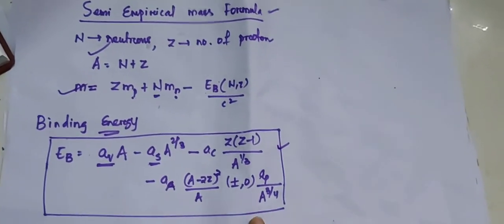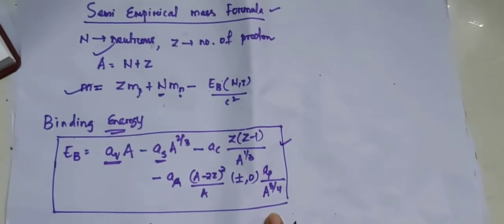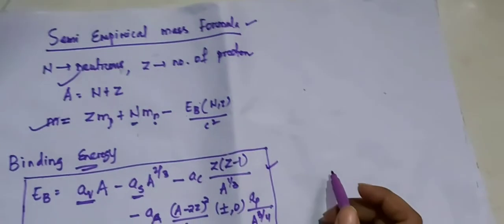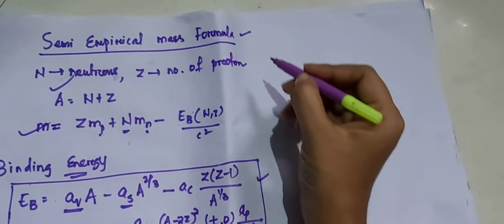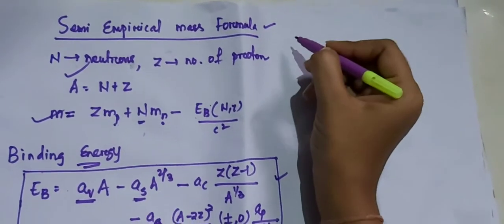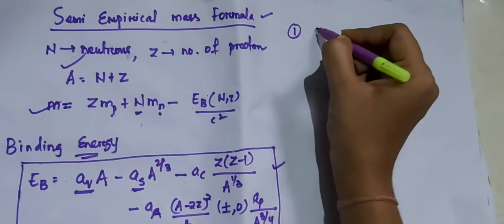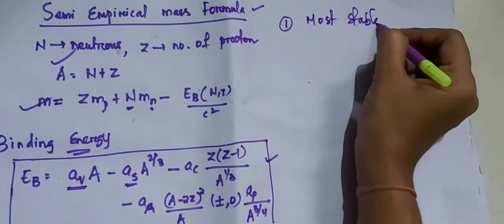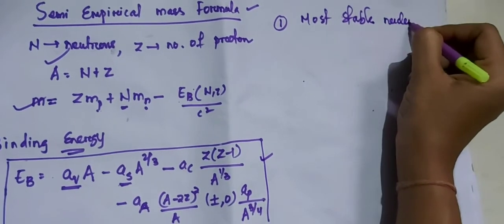From this semi-empirical mass formula, you will get some questions, like questions related to most stable nuclei or most stable isobars.